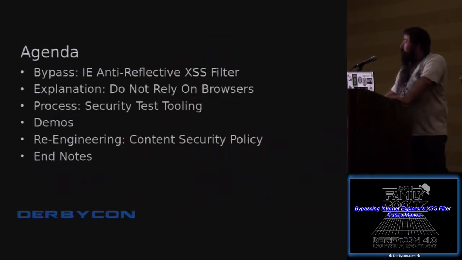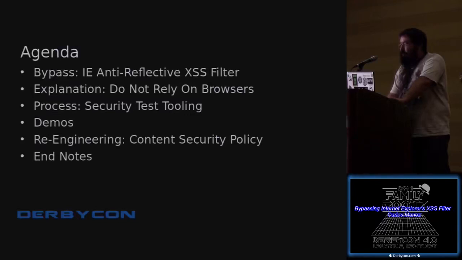So, an overview of what I'm going to be doing today. First, a background on how the filter bypass was found, and an explanation of what's going on with the process of the bypass, as a reminder that client-side security measures may not always be a great thing.